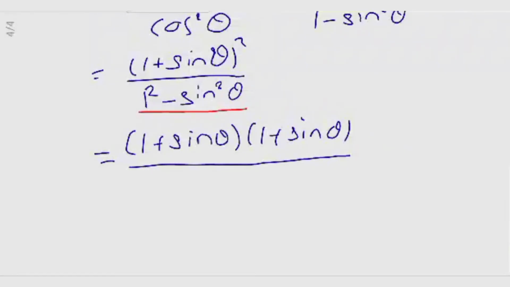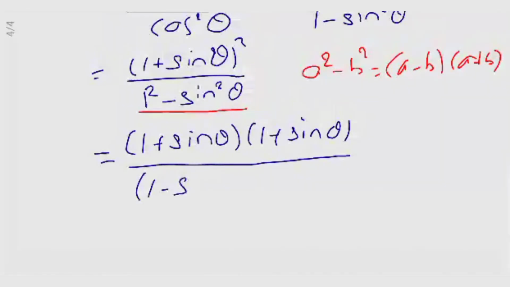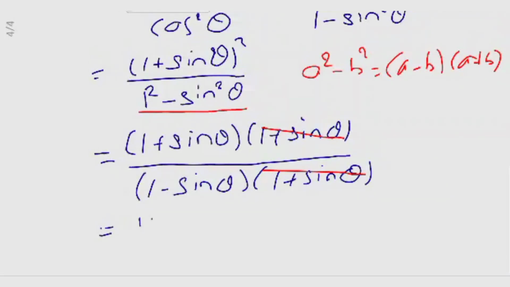It is in the form of a square minus b square. So this expansion form is a minus b, a plus b. Now it becomes here 1 minus sin theta and 1 plus sin theta. 1 plus sin theta, 1 plus sin theta get cancelled. So remaining is 1 plus sin theta divided by 1 minus sin theta.